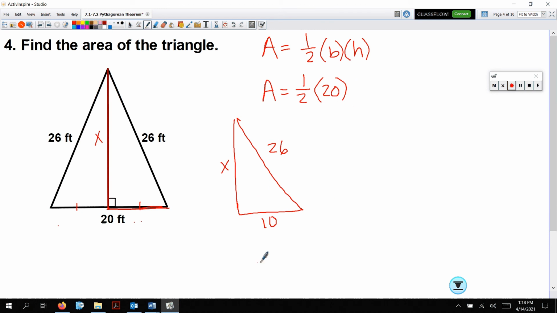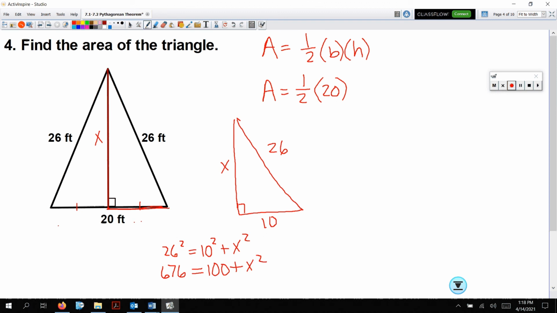So again, we have a right triangle, okay? So I have the hypotenuse is 26, so 26 squared equals 10 squared plus x squared. Well, 26 squared is 676. 10 squared is 100 plus x squared, right?